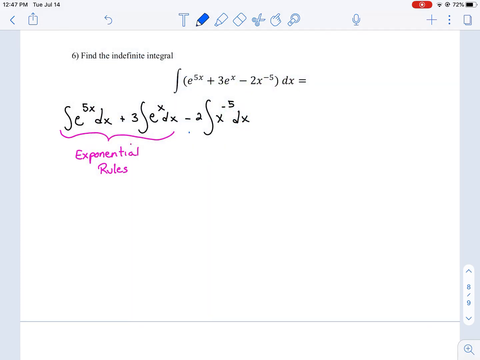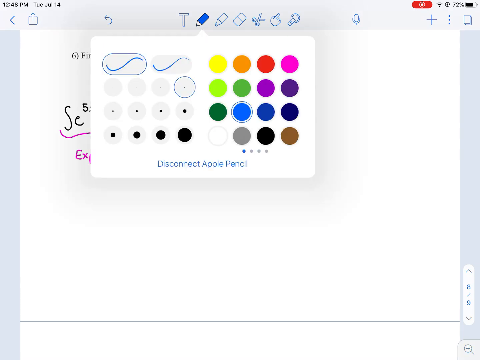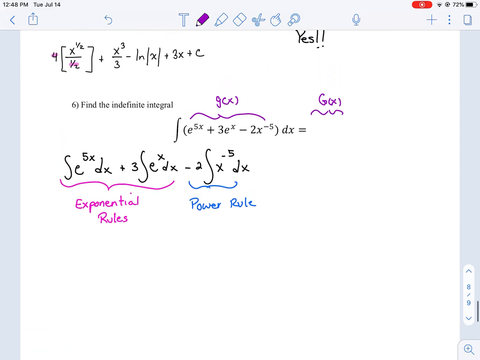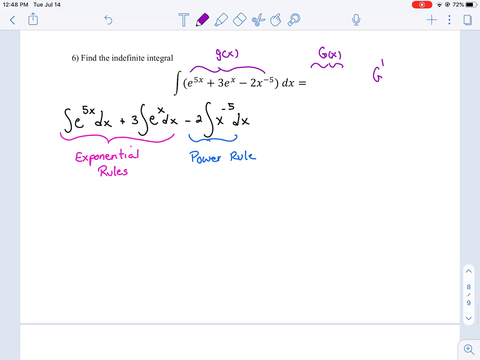And the last term requires the power rule. And again, our goal, if this is lowercase g of x, is to find a capital G of x such that the derivative of capital G of x is equal to lowercase g of x.